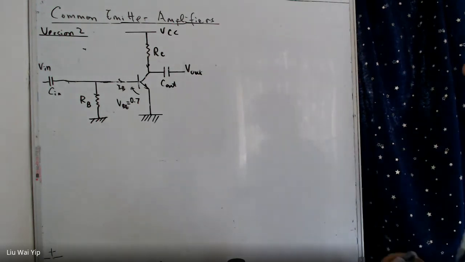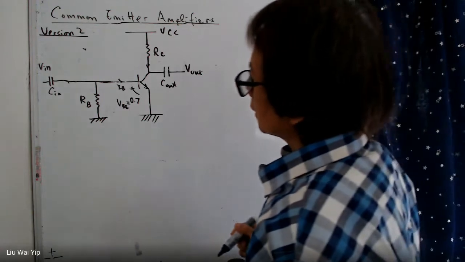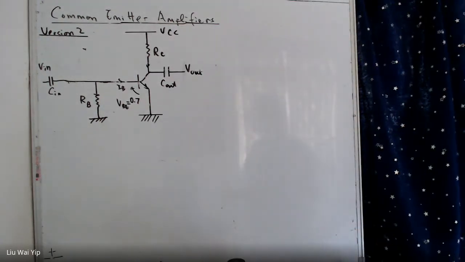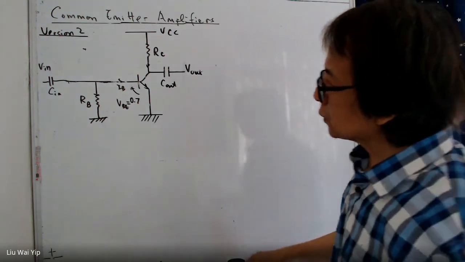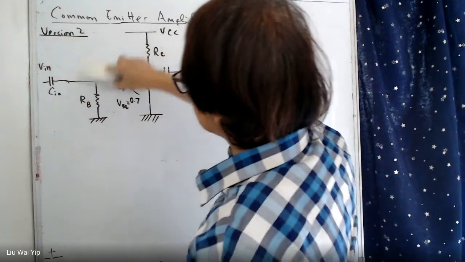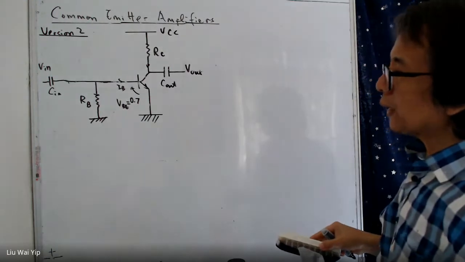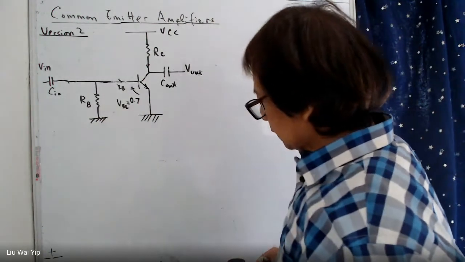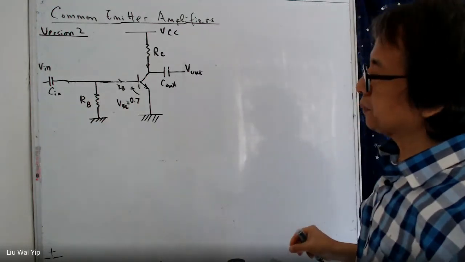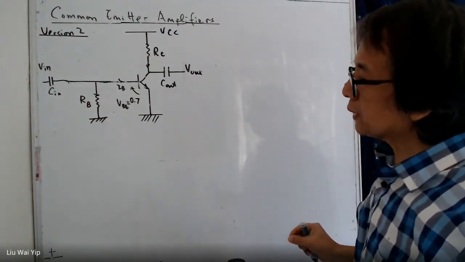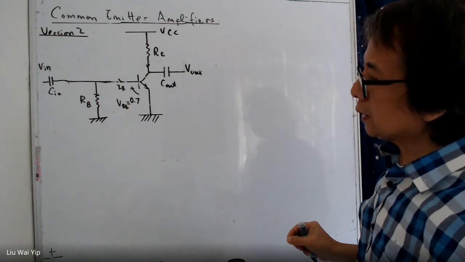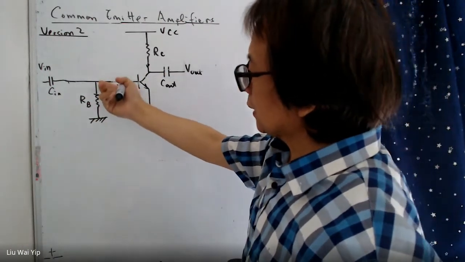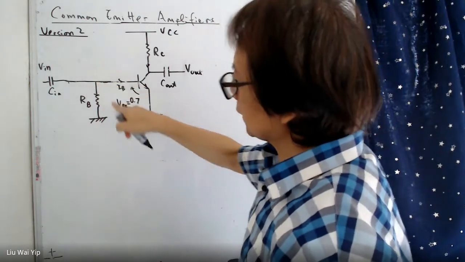So we also need to go through the similar steps in order to find out the amplification factors, the voltage gain. The good thing about this circuit is there is no DC voltage here.